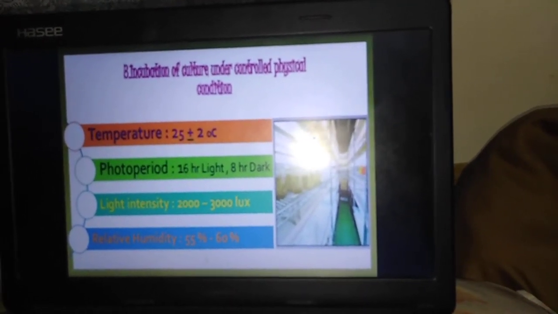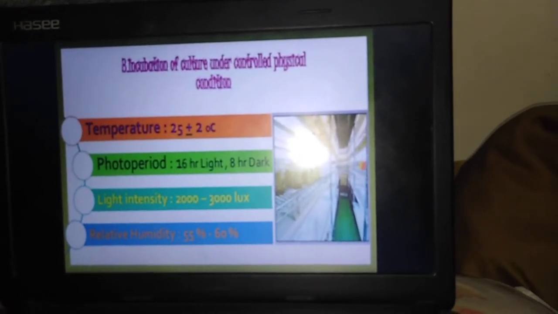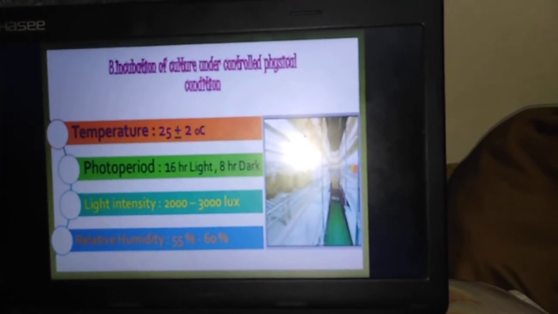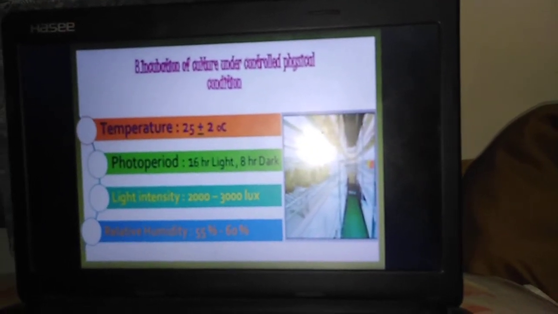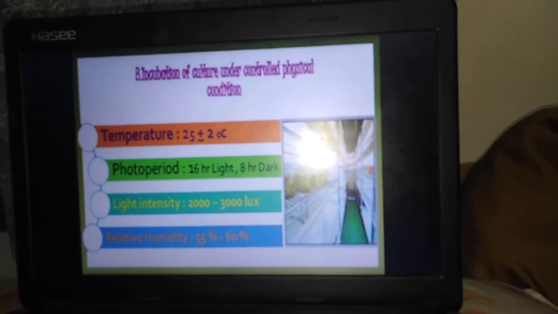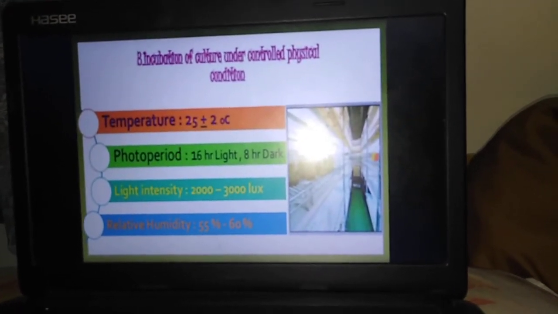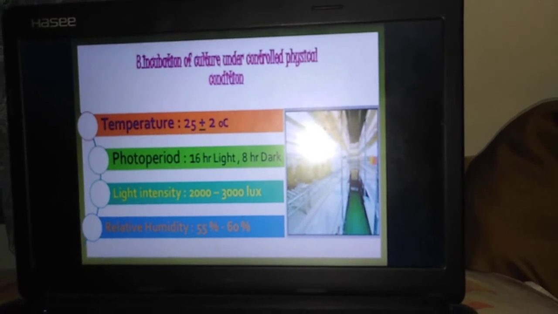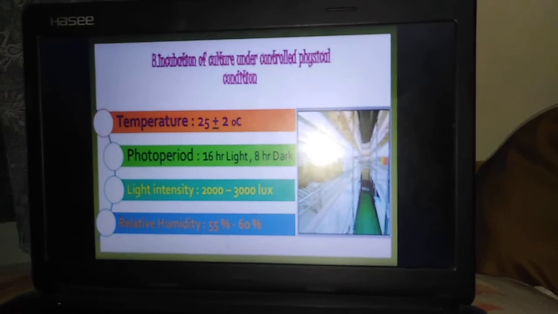After inoculation, we are going to incubate it for a specified period of time, usually 2 to 4 weeks, sometimes extended to 7 weeks depending upon the nature of the plant material. The temperature during the incubation period is usually 25 plus or minus 2 degrees Celsius.